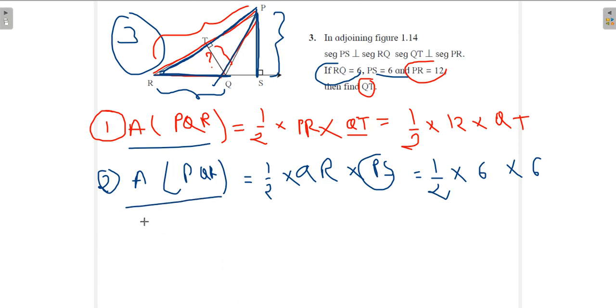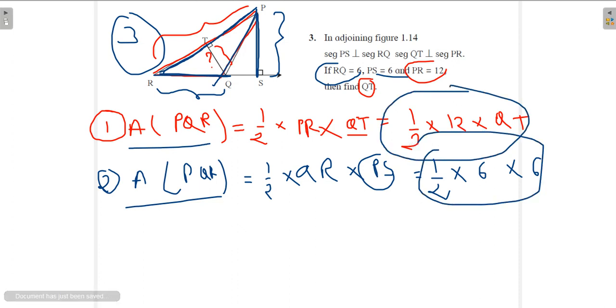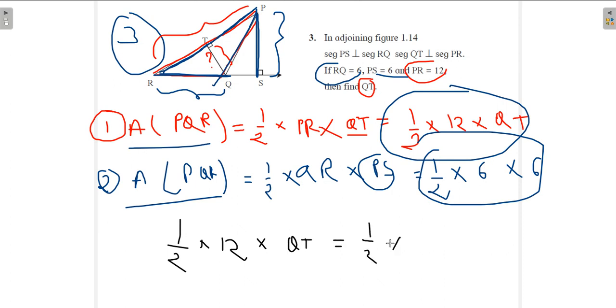So from 1 and 2 I can say RHS is also equal, because LHS is equal. So I can just compare the RHS. Half into 12 into QT is equal to half into 6 into 6.